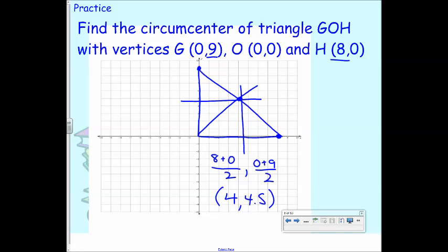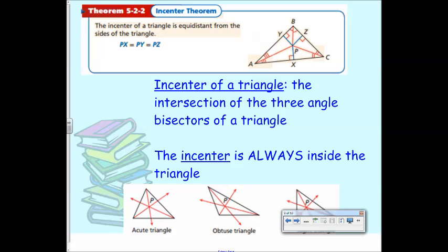So the circumcenter is the intersection point, or the point of concurrency, of the perpendicular bisectors. The incenter of a triangle is the intersection point of all the angle bisectors. What's an angle bisector? It bisects the angles.